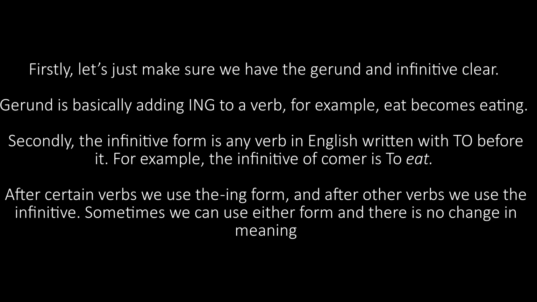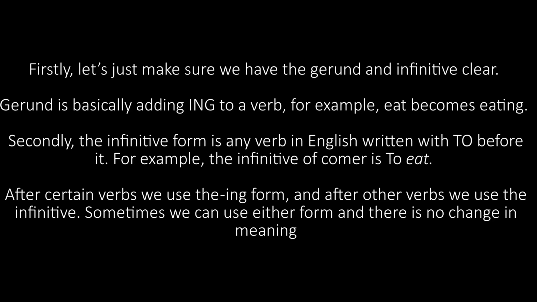Okay, so remember, in English we write our infinitive verbs with to. So comer is to eat. And remember, we need to put the to. Okay, it's very important. Some people forget the to because, a verb in English without to is what? Imperative. Eat. Okay, eat is the imperative, whereas to eat is the infinitive. So a little thing to remember there.